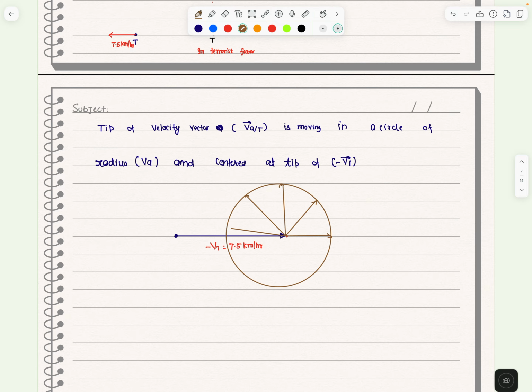This army is moving in all possible directions, so that's what I am trying to show.